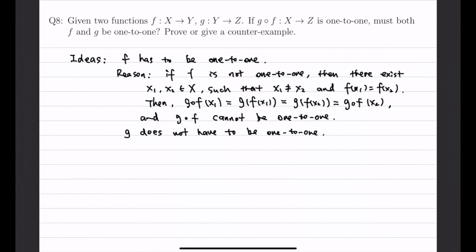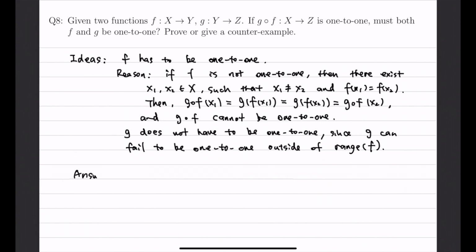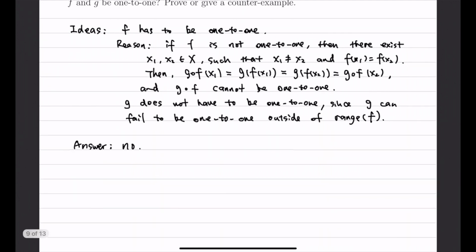The idea here is that g can fail to be one-to-one outside of the range of f. So now let's first give the answer. The answer is no. And now we need a counterexample.